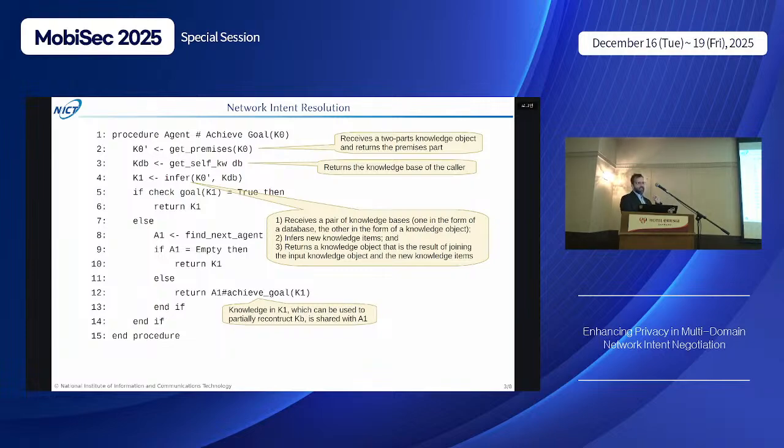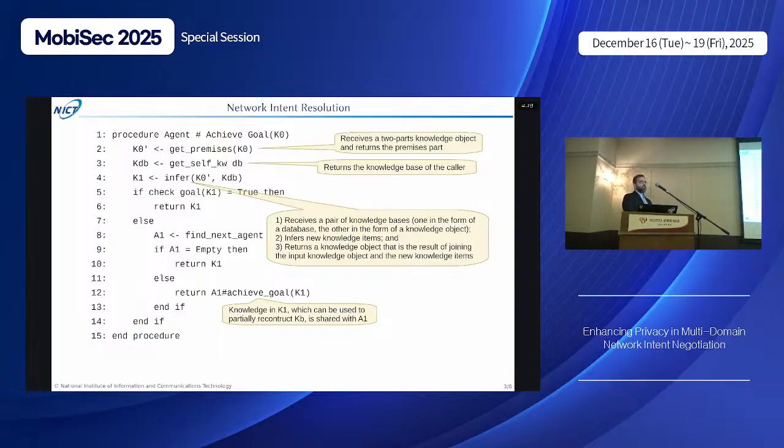The first agent receives that goal, then gets the premises of this goal: what we know about the goal, about the network intent, and about the network service at this point.